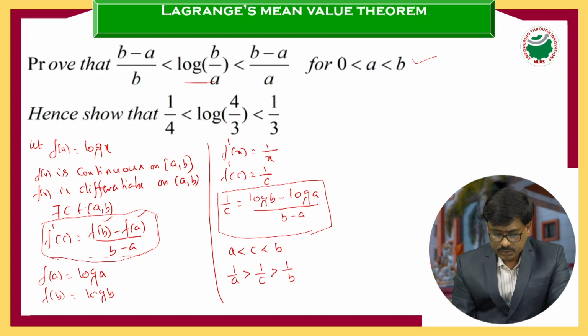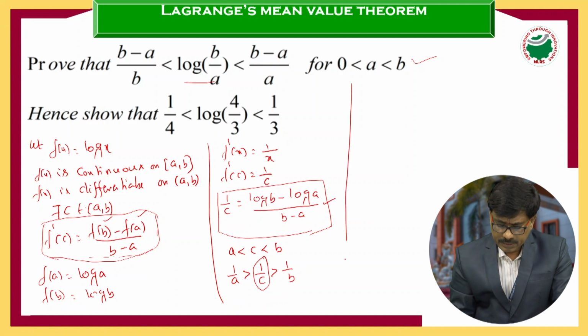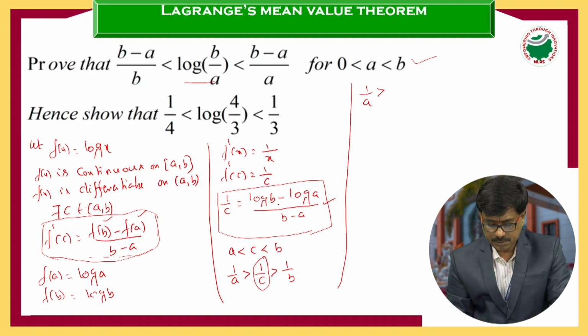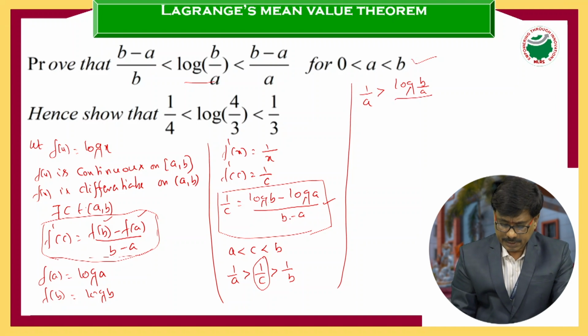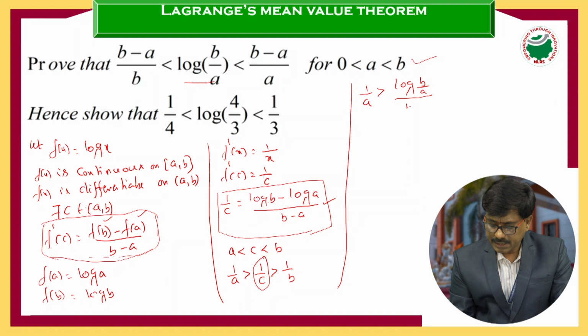Now, how do we write this inequality? 1 by c is nothing but log b minus log a, which I can rewrite directly as log of b by a, divided by b minus a. So 1 by a is greater than log of b by a over b minus a, which is greater than 1 by b.